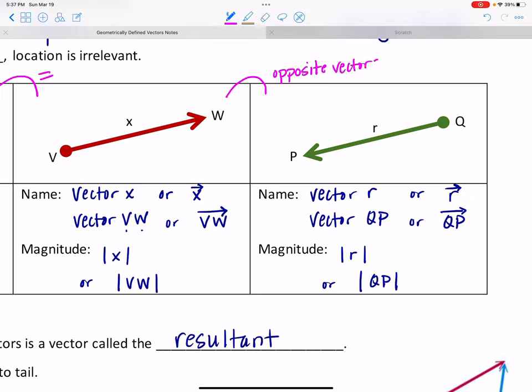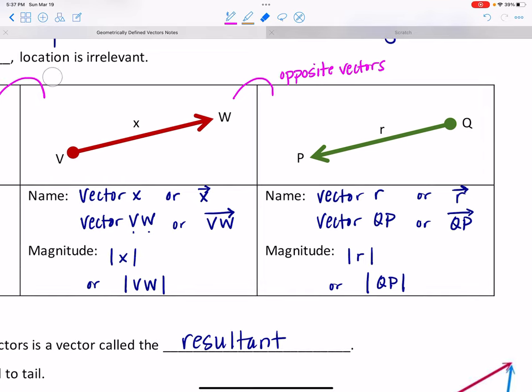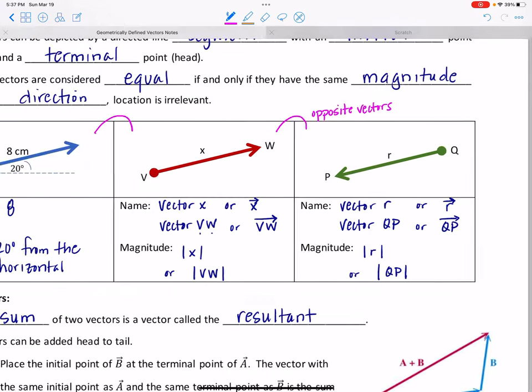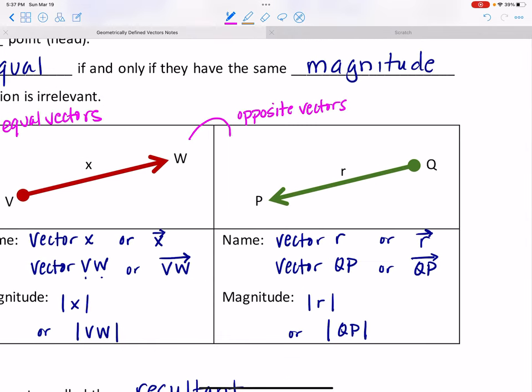And again, the sum of opposites is just going to end up being 0. And over here we have same magnitude, same direction, we have equal vectors. Okay, so for opposite vectors, the sum here would be 0, just to connect to what we were talking about below.